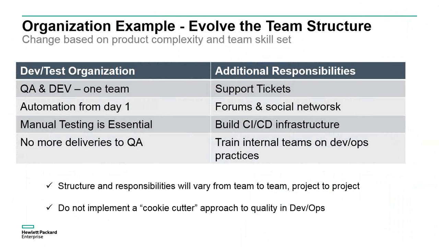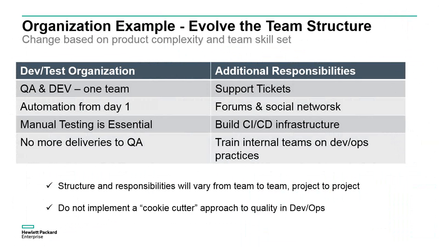So one of the things that I really think is very important when you're looking at DevOps for your organization: you can't really implement a cookie cutter approach to DevOps and quality, because the way this team is organized is very technical, very developed. For some organizations that works extremely well, depending on the application and the project. But in other organizations, you still have separate or siloed teams.